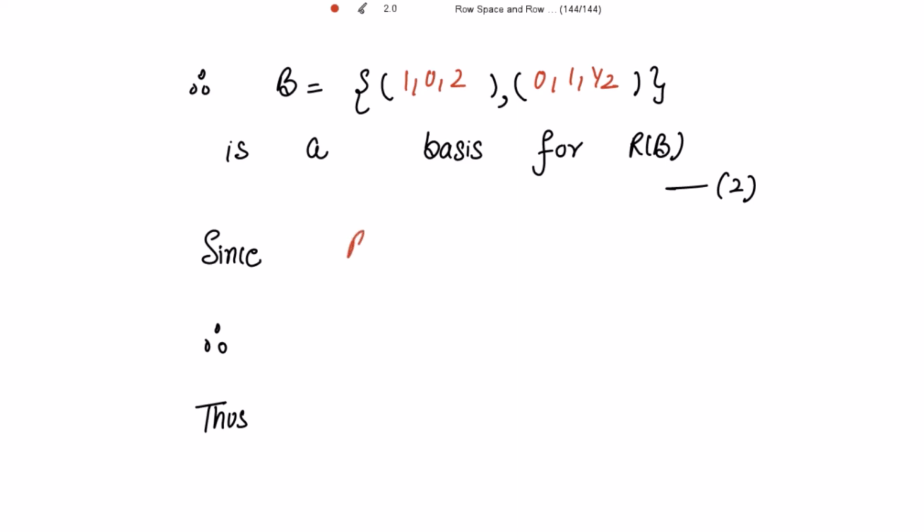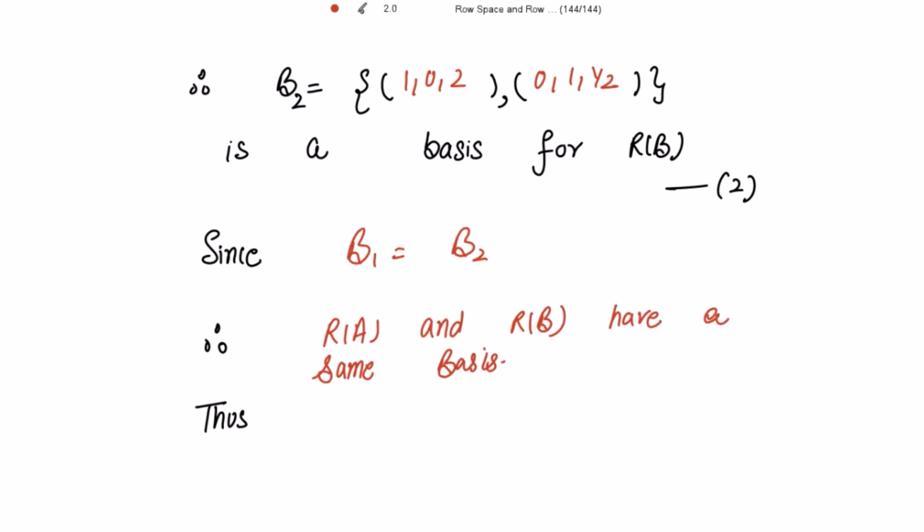Now since basis B1 is equal to basis B2, therefore the row space of A and row space of B have the same bases, right? Thus, the row space of A is equal to the row space of B. Hence proved. Thank you.